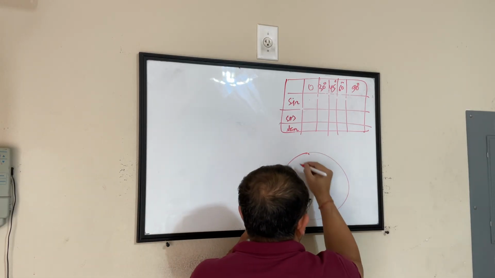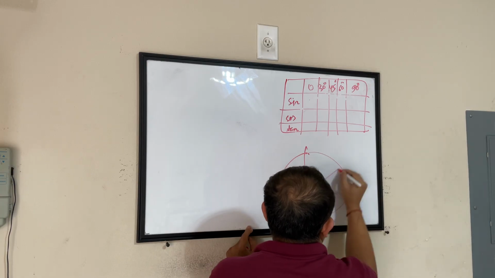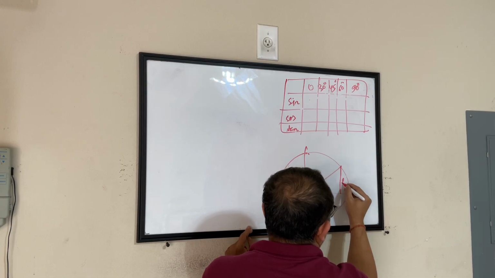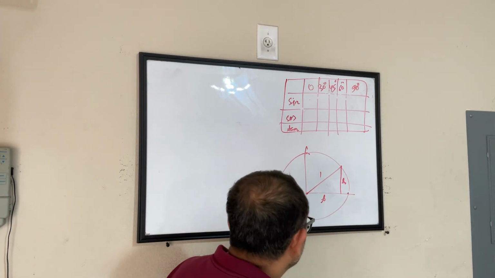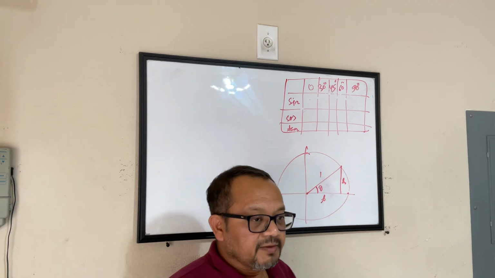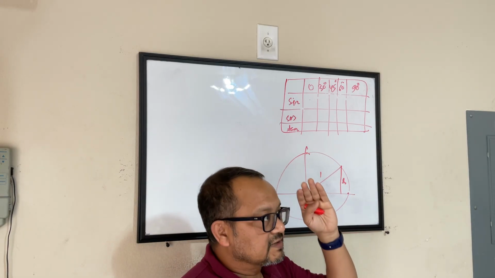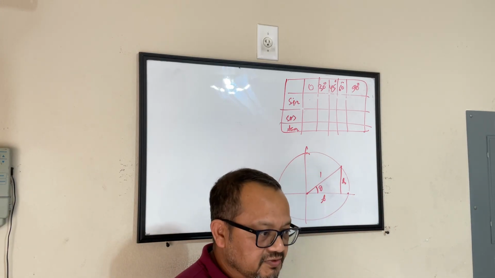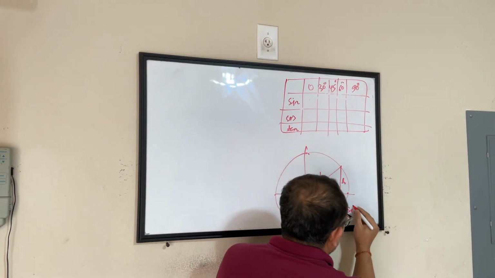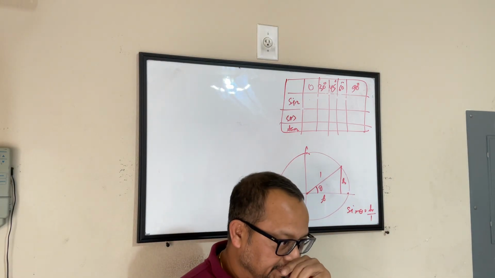I'll keep myself confined to this corner, so that makes it a little easy. So this is 1, let's say this is height and this is base. So if this is theta, my basic understanding of trigonometry says sine of theta is side opposite to the angle divided by hypotenuse. Everybody agrees? So sine of theta is h divided by 1 here.